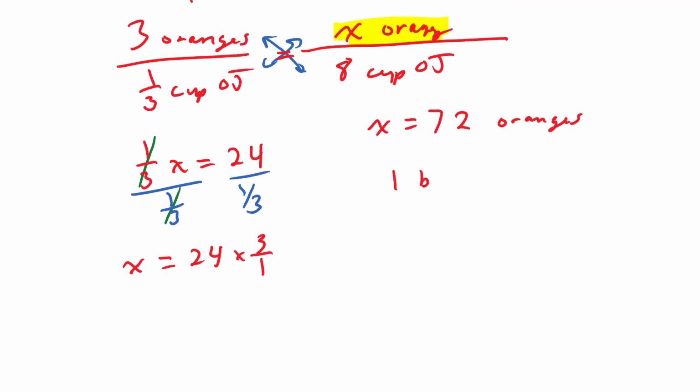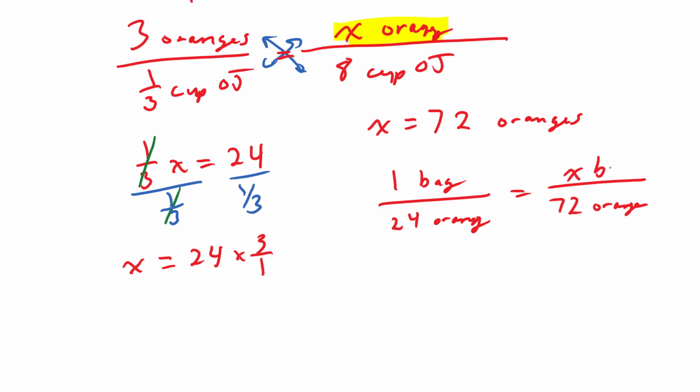So 1 bag is to 24 oranges. Over here, I have 72 oranges. Let's call this X now. We want to determine how many bags we need. Again, we'll cross multiply. 24X is equal to 72.